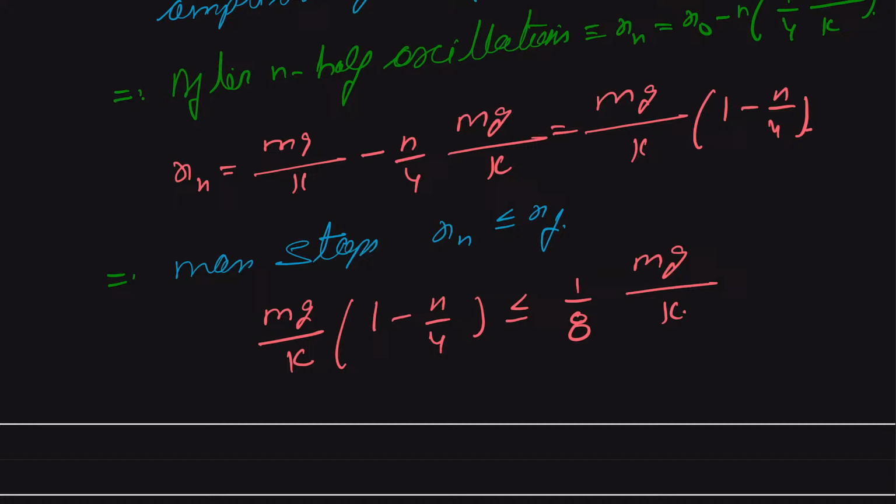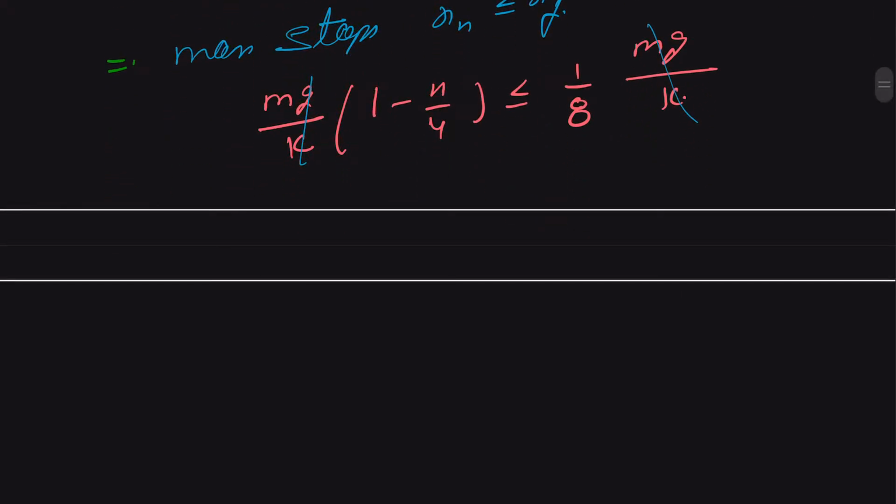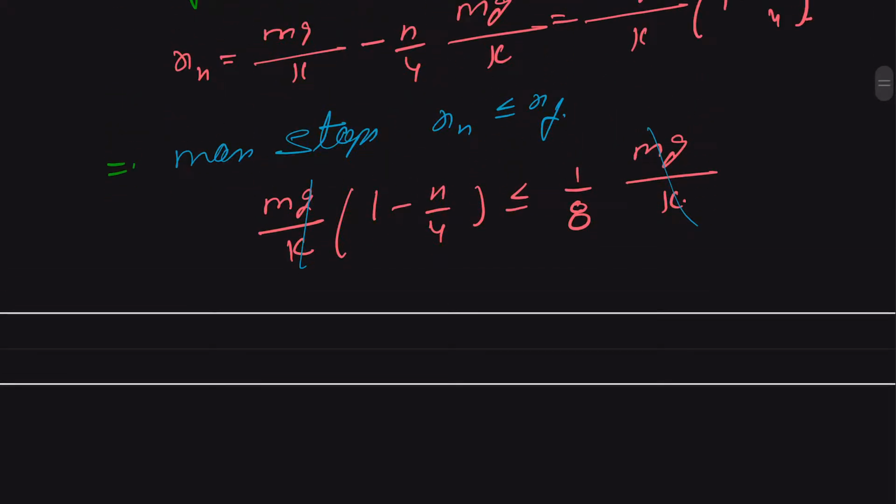And this mg upon k and mg upon k cancels out. Therefore from here we get that value of n is greater than or equal to 3.5. Okay, so it means that this will be the final answer of our part B.